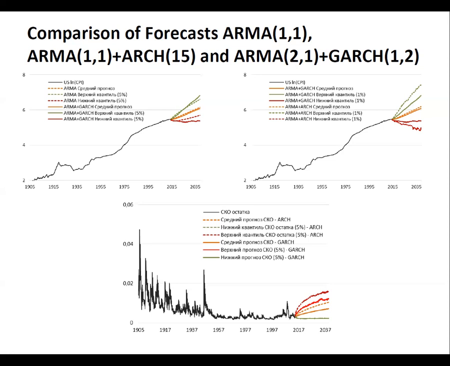On the second graph, here is ARMA plus GARCH compared to the ARMA plus ARCH forecast. And here we see that ARCH overestimated these intervals too much, and GARCH has an advantage. Firstly, it has fewer parameters, and secondly, you see here what we said about the disadvantage of the ARCH model, that it greatly overestimates the forecasts.